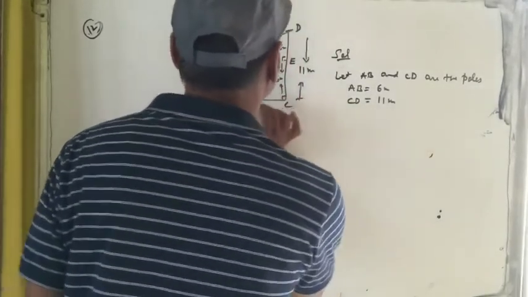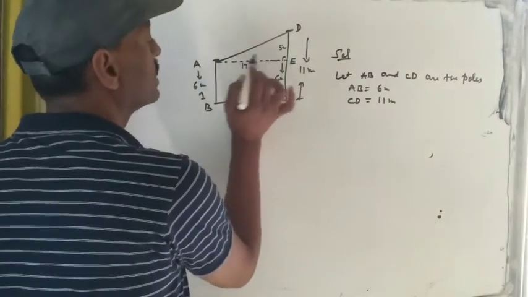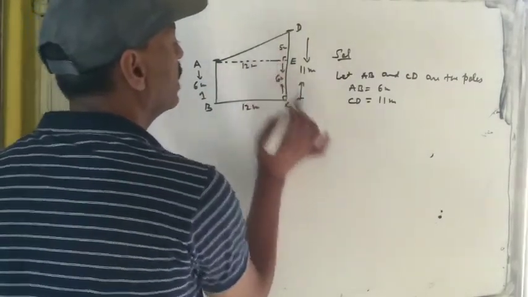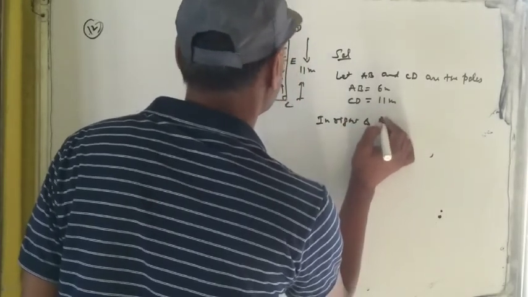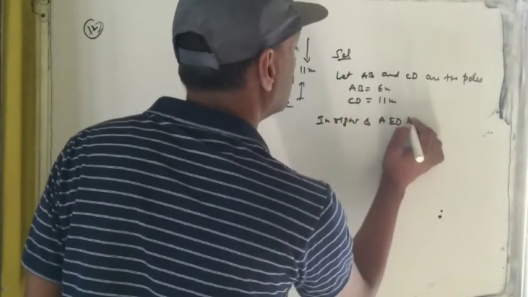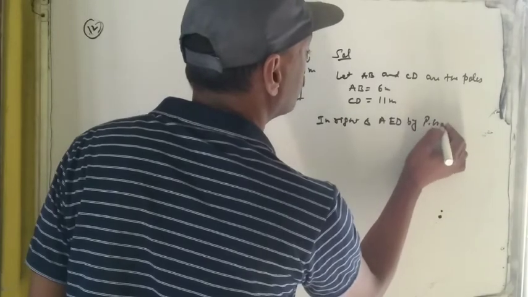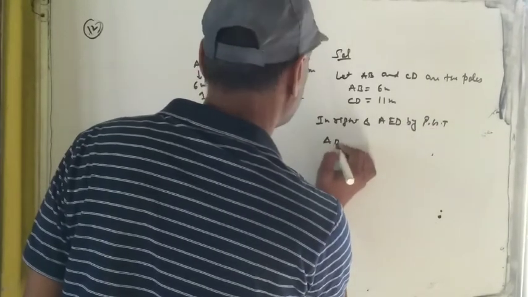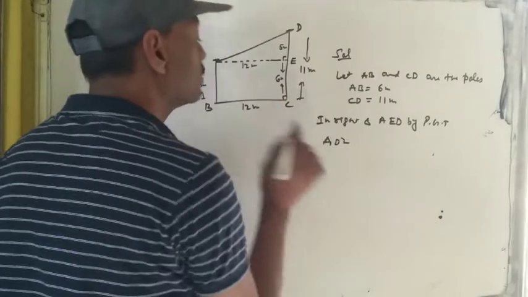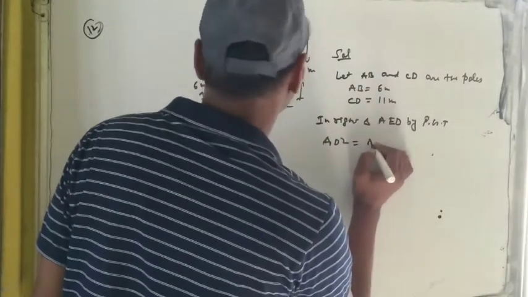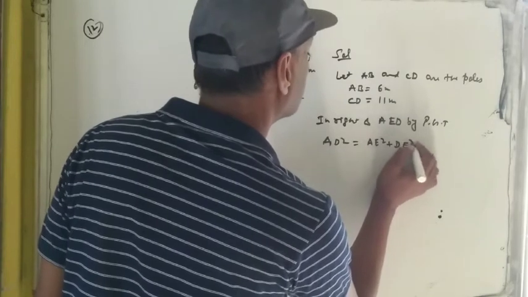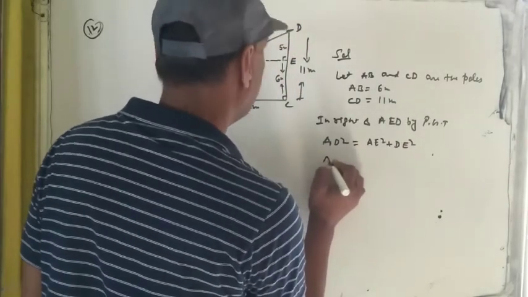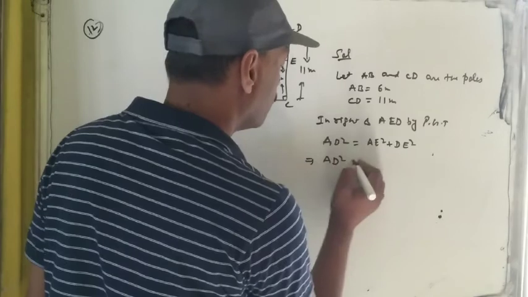So now we are in this right triangle AED. Just see here, another right angle is forming. So in right triangle AED, by Pythagoras theorem, we can write AD square. AD is the hypotenuse, so AD square equal to AE square plus DE square. The value of AD is not known to us; we have to find that.